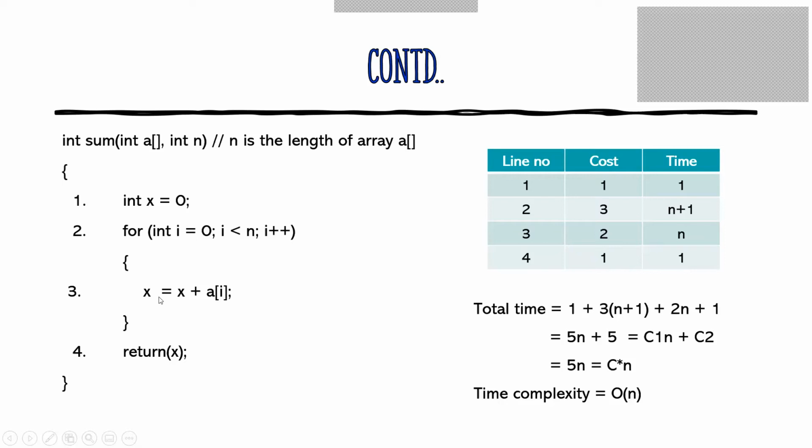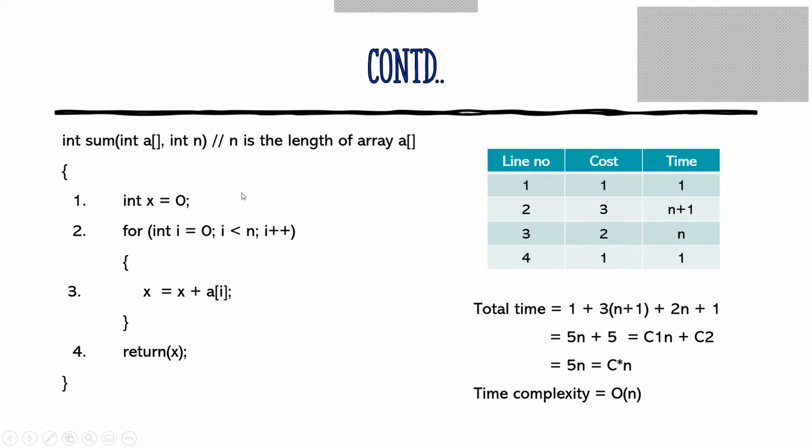In line number 1, what's happening? It's initializing the value of x. So for this particular statement, it will take just 1 unit of time. Then for the second line, what's happening?